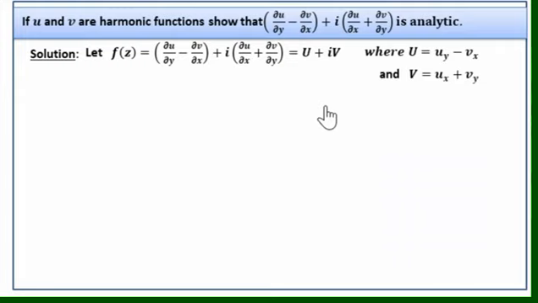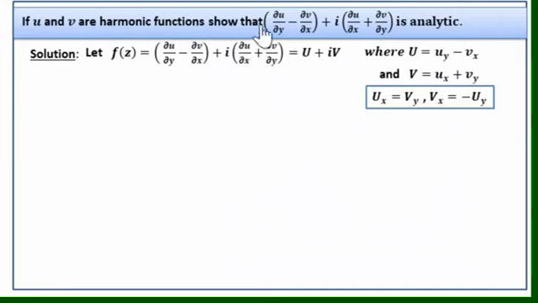Next, to prove that this function f(z) is analytic, we shall prove that the Cauchy-Riemann equations in the form ∂U/∂x = ∂V/∂y and ∂V/∂x = -∂U/∂y are satisfied.